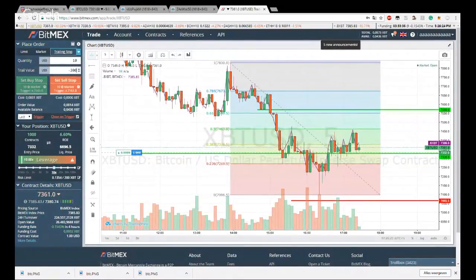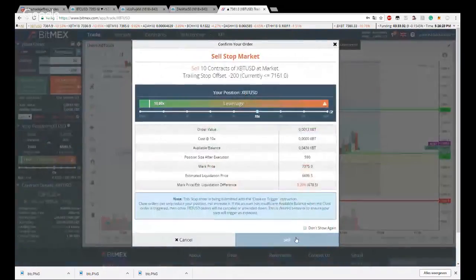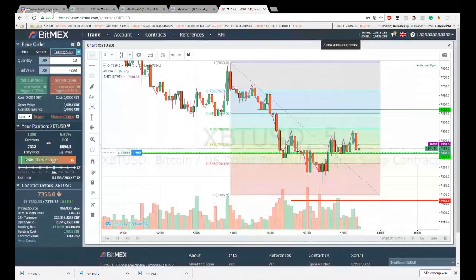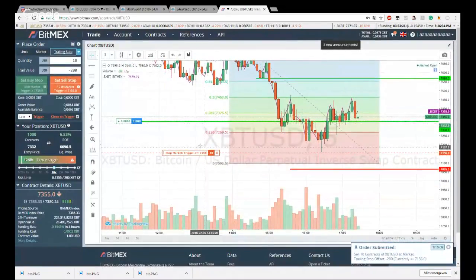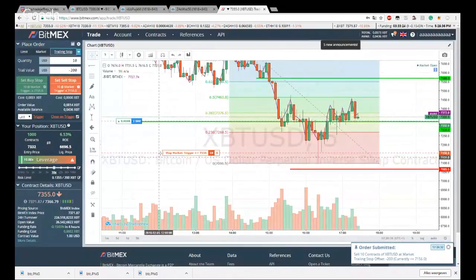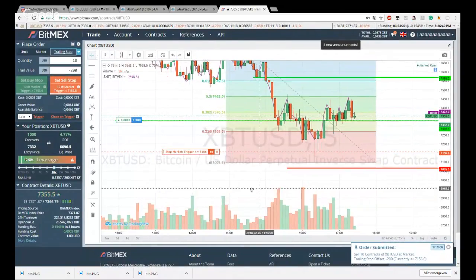Of course, minus 200. Set sell stop. And there we go. Look at this. There was no option to select plus or minus, but that's basically it. So I now have a trailing stop. What will this trailing stop do?